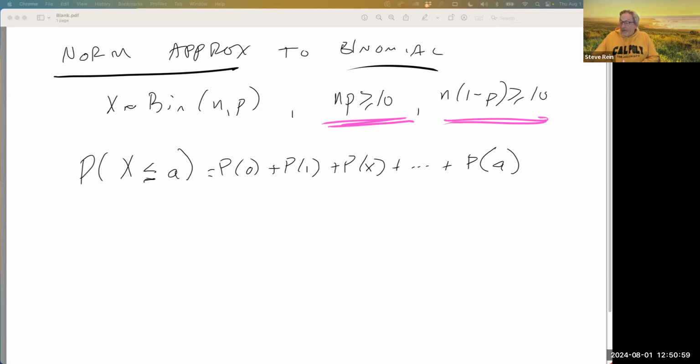Well, I think we can approximate that with the normal CDF as long as I remember that the central value is just n times p. Let's try and convince you of that in a quick way. If you're flipping a coin 100 times, and it's a fair coin, about how many heads would you expect to see? 50.